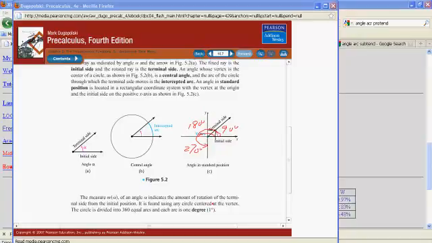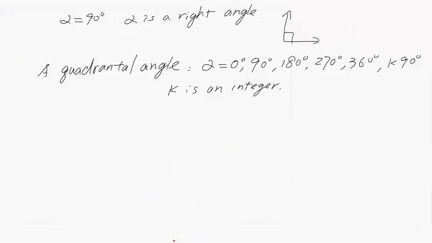So now, let's look at two angles. Let me go to the whiteboard. So now, if I have the angle 270 degrees, like this, and at the same time, I also have another angle which is negative 90 degrees.